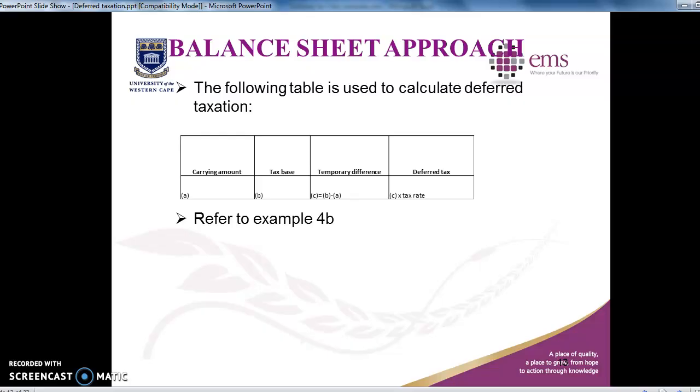When using the balance sheet method, we calculate our deferred tax adjustment by deducting the opening balance from the closing balance of our deferred tax balances. Okay. And so when we recognize our deferred tax adjustment. Okay.